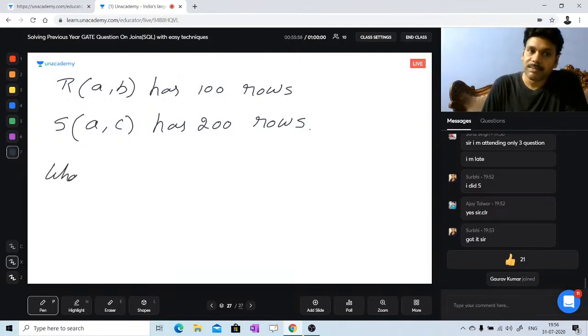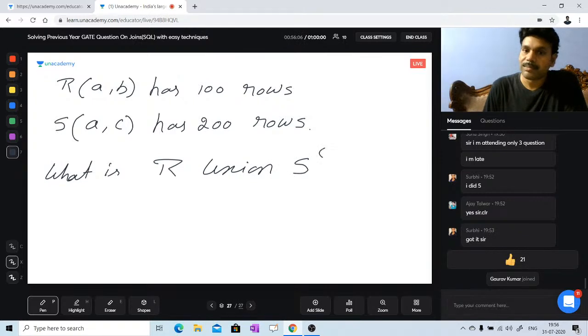What is R union S? What is the minimum value of the tuple set? What is the maximum value of the tuple set?